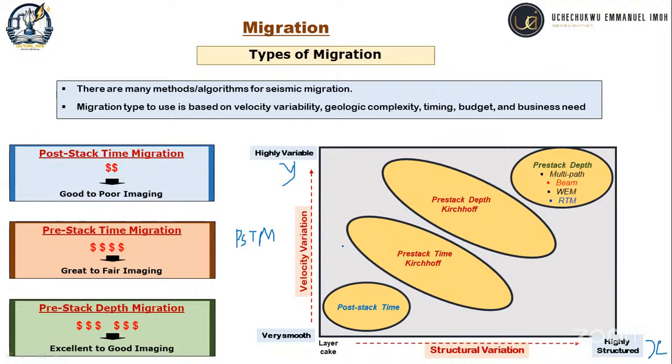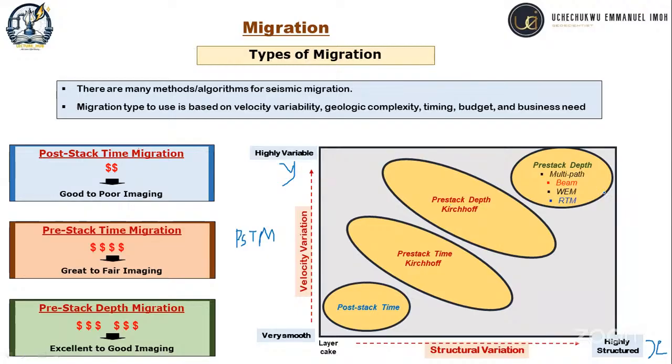Okay. If the velocity variation is more severe and the structural variation in the basin is also very severe, like you have in the Niger Delta, as shown in the former slide, you then further do a depth migration. So that is the difference. That's what migration is all about.